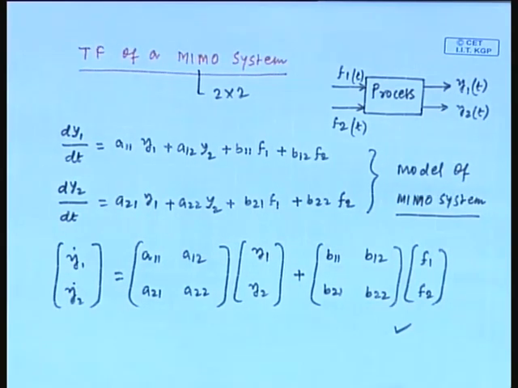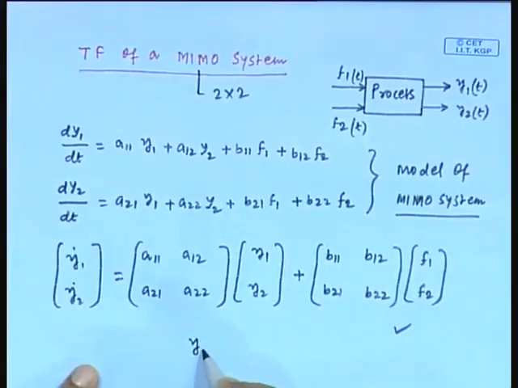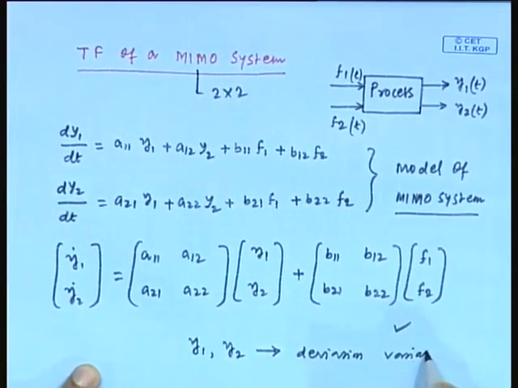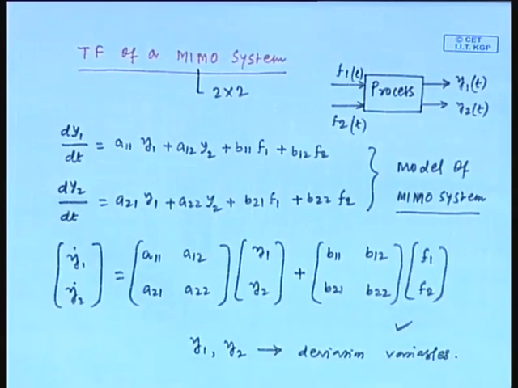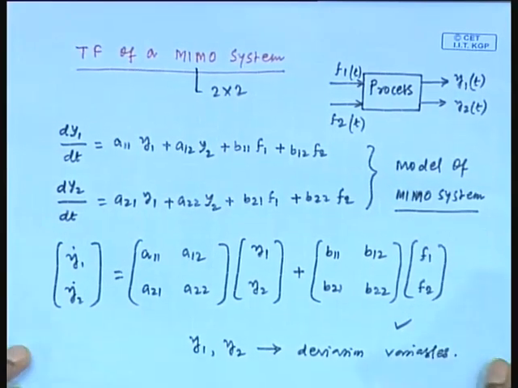Now, here y1 and y2 both are perturbation variables or deviation variables. So, y1 and y2 both are deviation variables. Fine.